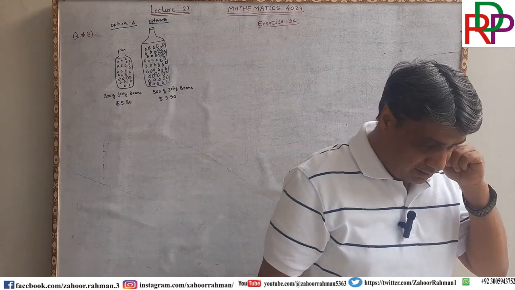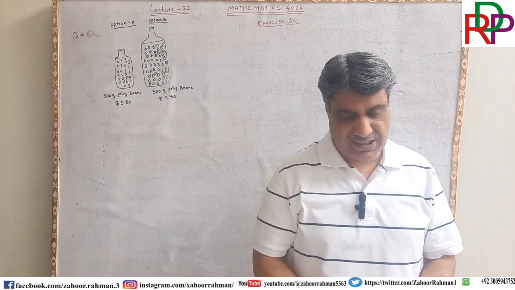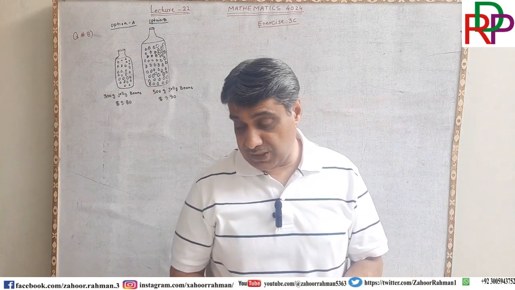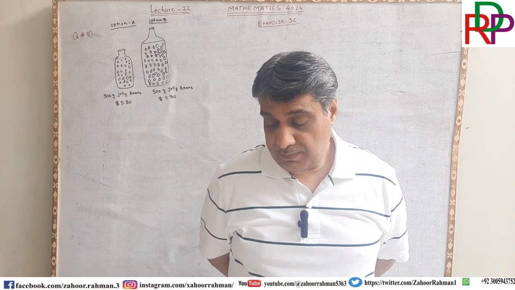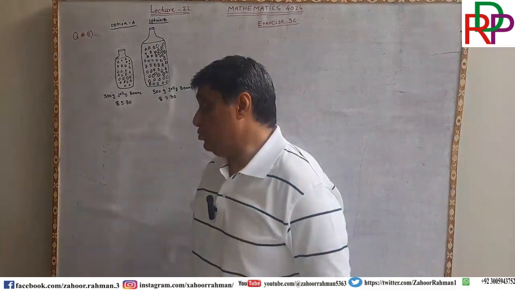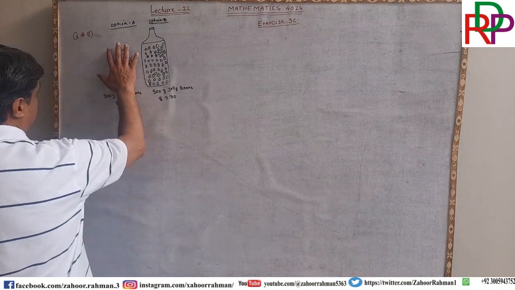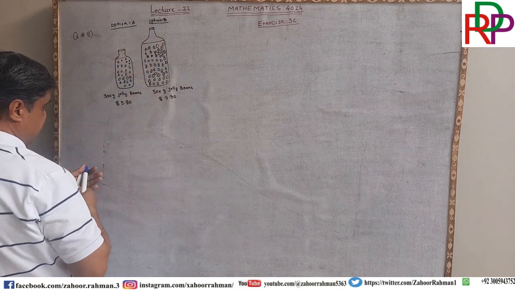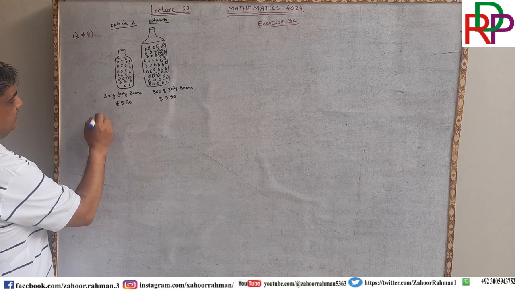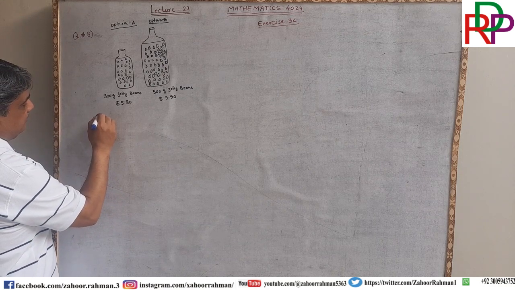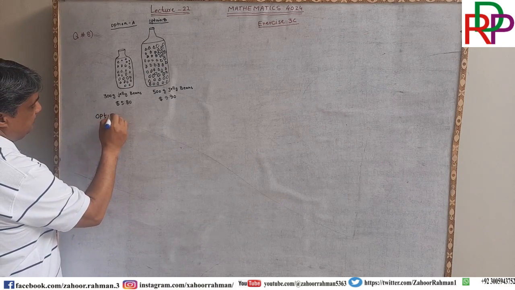This is option number B. The question is asking that which option is better value for money. Yani you will buy this bottle or this bottle. Let us calculate without using the calculator. Let us first talk about the option A.